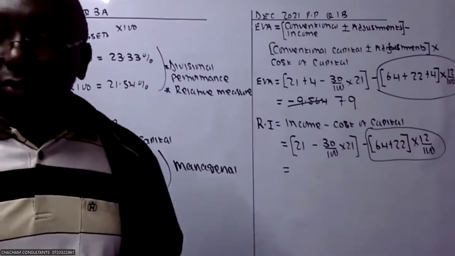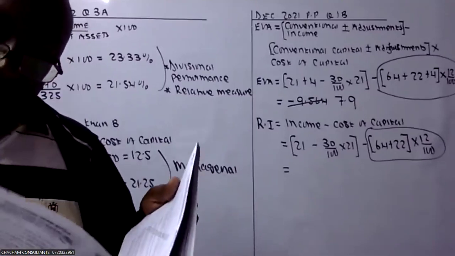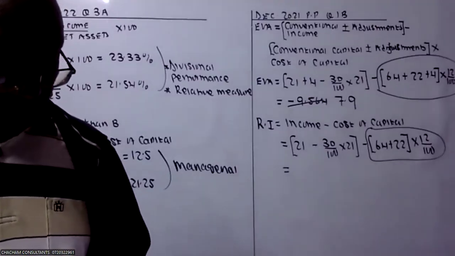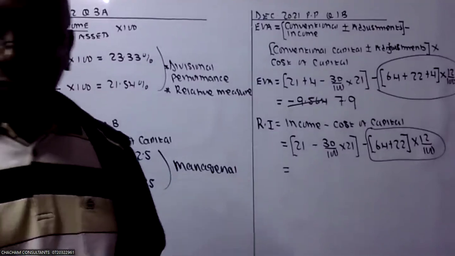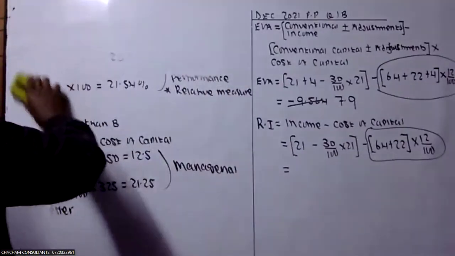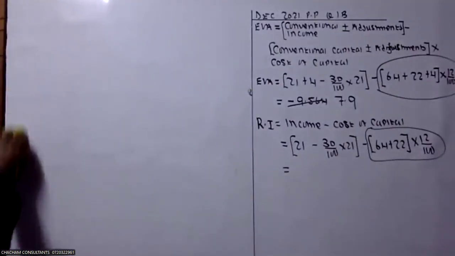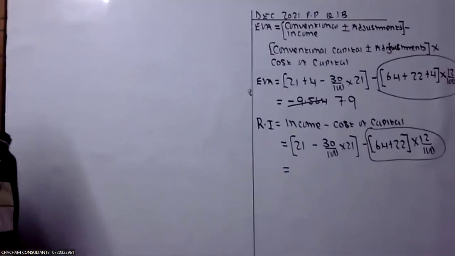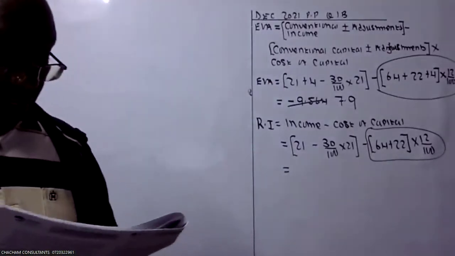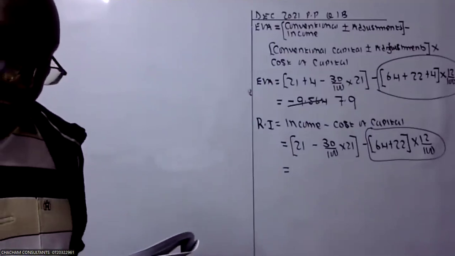Let us go to this one of May 2021, question 5B. It reads: the following information has been provided relating to the performance of XYZ Limited.